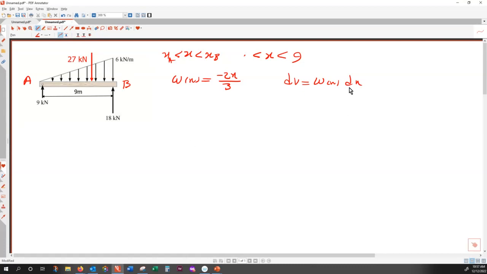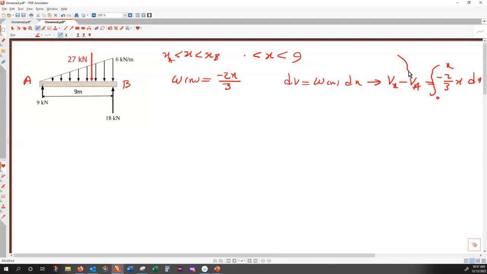Okay, so let's find out how this can be expanded. To expand this, you get V of X minus V of A is equal to the integral of minus 2/3 X dx, and x is changing between 0 to x.